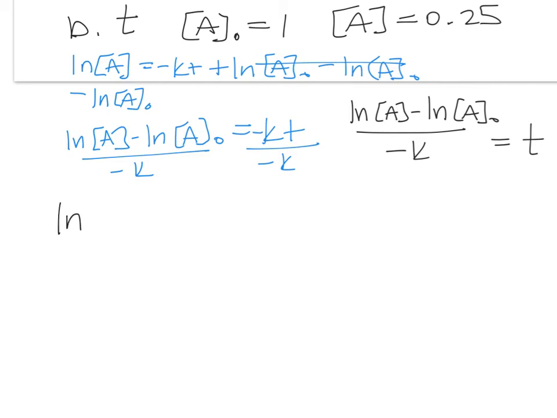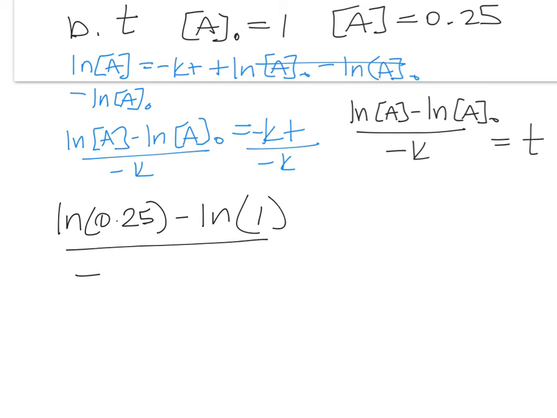So ln A, which is 0.25, minus ln A sub 0, which is 1, over negative 1.42 times 10 to the negative fourth per second is equal to t.